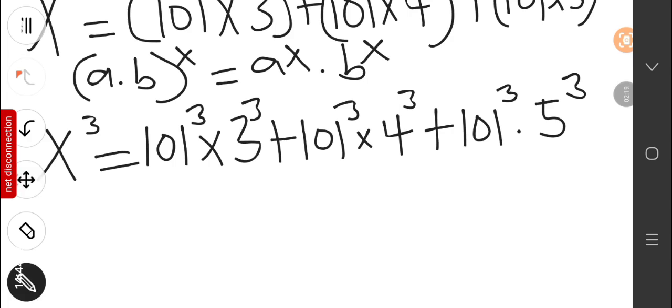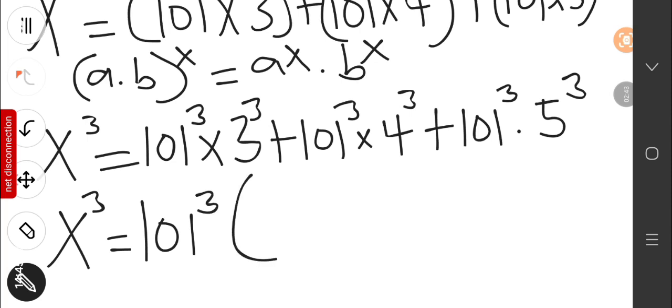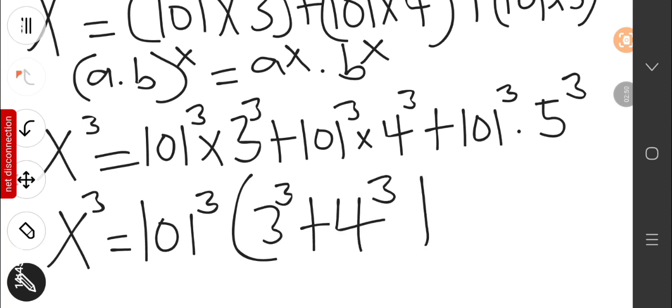All right, now 101 exponent 3 is here, it's here, and it's also here. Because of that, we can apply factorization. So you're going to have s cubed equals 101 cubed, so we are left with 3 exponent 3 plus 4 exponent 3 plus 5 exponent 3.